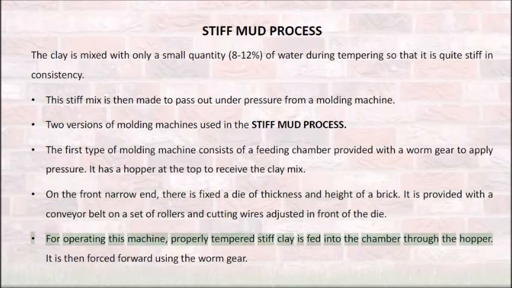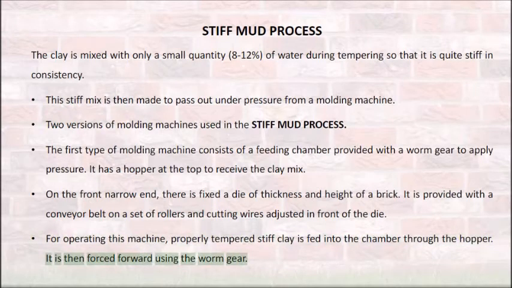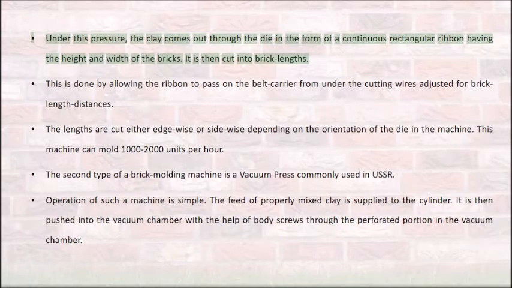For operating this machine, properly tempered stiff clay is fed into the chamber through the hopper. It is then forced forward using the worm gear. Under this pressure, the clay comes out through the die in the form of a continuous rectangular ribbon having the height and width of the bricks.